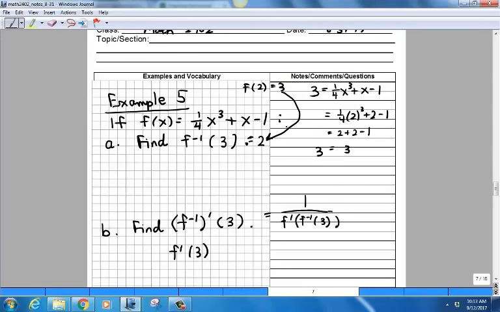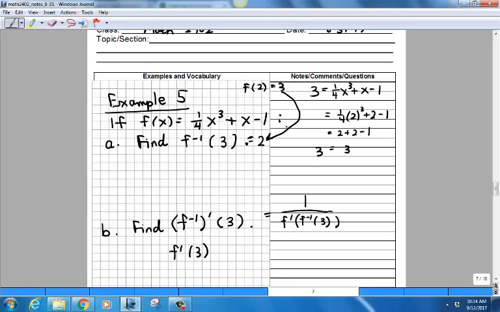You also could have made a graph of f, a graph of 1/4 x cubed plus x minus 3, and looked at the graph to see what input gives you an output of 3. That might give you another hint of how to determine that. Anyway, we got lucky there. We know that f of 2 is equal to 3, so f inverse of 3 is equal to 2.